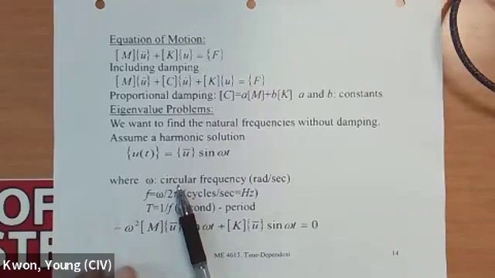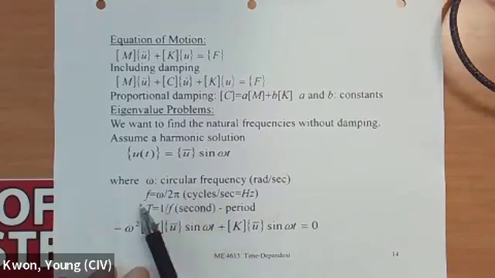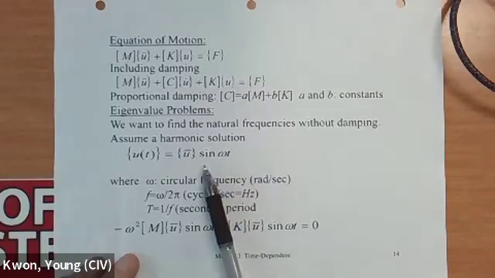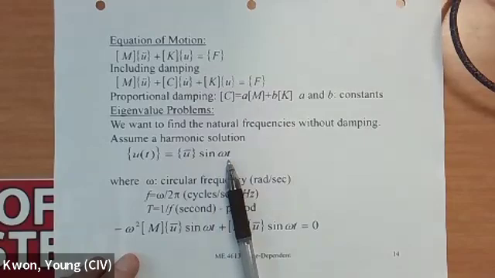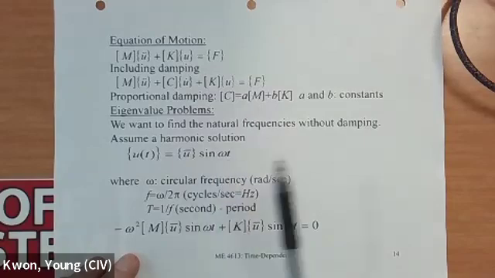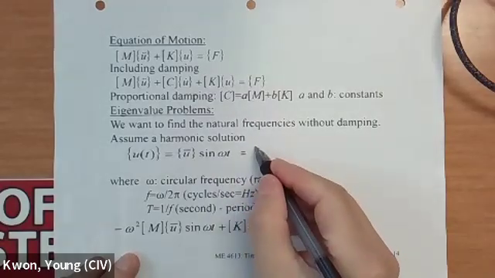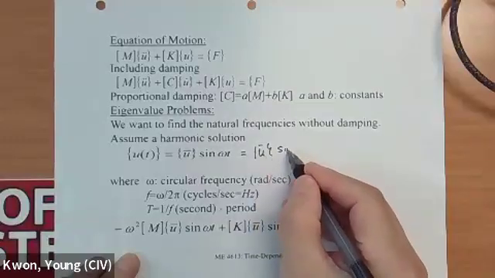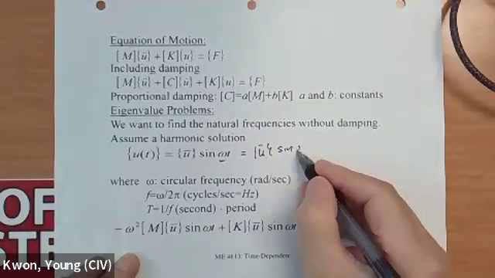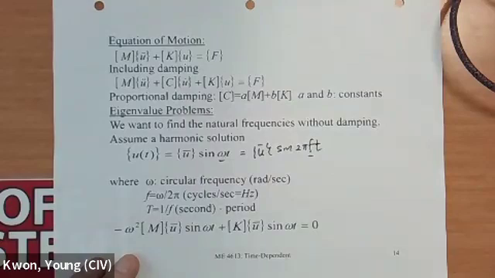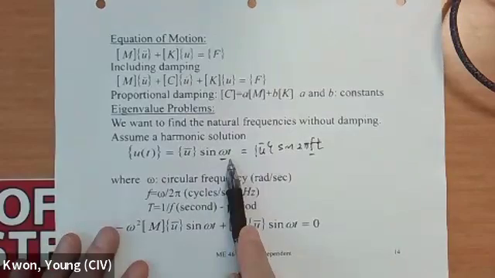They are related but not the same, related by the 2 pi. In the calculation, because you put sine omega t, this is going to be the circular frequency. If you put sine 2 pi f t instead of omega t, then that's going to be the regular frequency. But anyhow, let's just do the simple way, omega t.